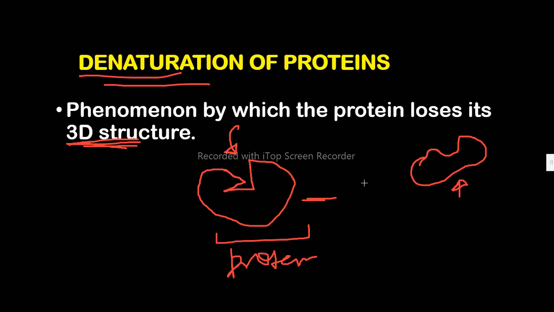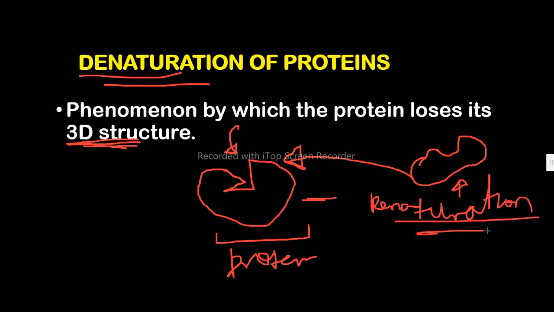In some cases, the protein can remodel and form back its shape. That process is called renaturation. That is when a protein remodels back and forms its own shape, but it depends on the degree of denaturation and on the factor that caused the denaturation.